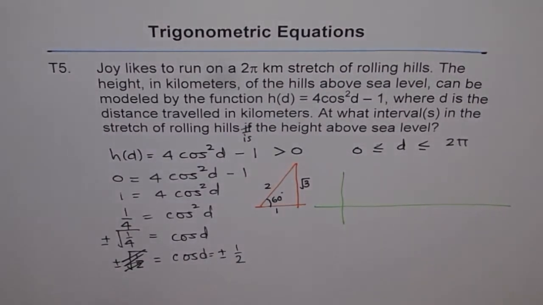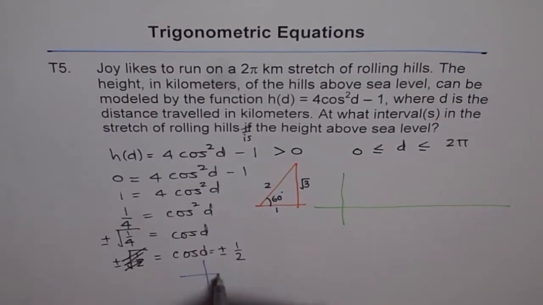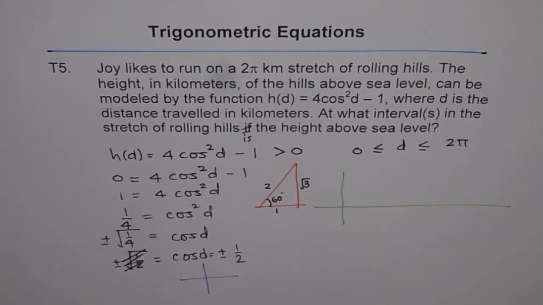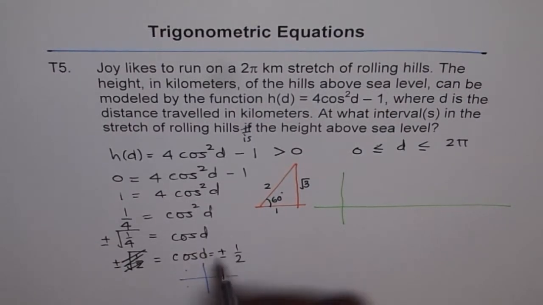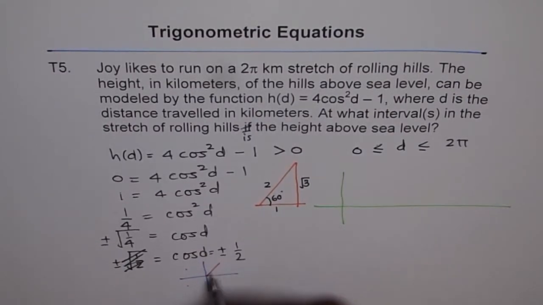Now, plus and minus a half means what? Let's look into that also. That means we are looking for 60 degrees in each quadrant, right? So cos is plus here and minus here. So that means 60 degrees in each. So we are looking for these kinds of answers, right?